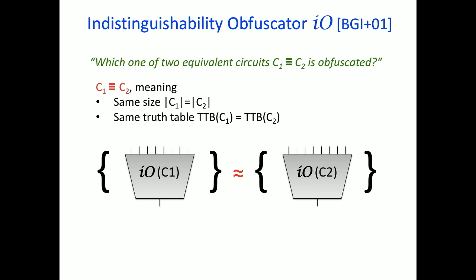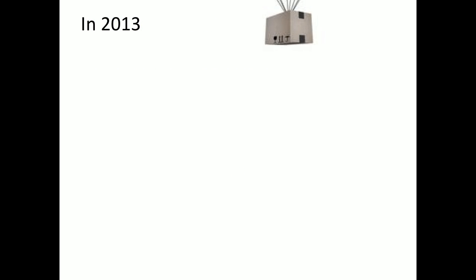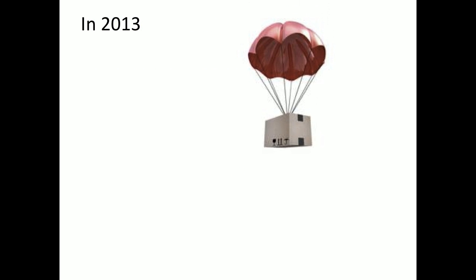Okay, so great. Ever since IO was proposed, there was basically a long time period of silence about how to construct it. Until 2013, this is how we feel like. There is a box parachuted down into our community, and everybody curiously gathers and opens the box, and we find the first IO candidate construction. Okay.